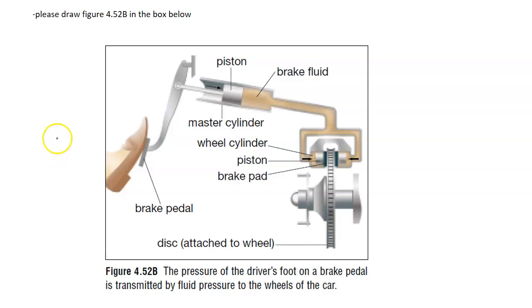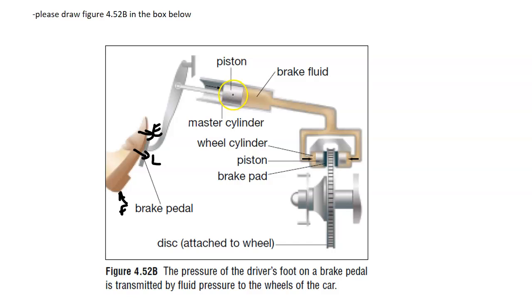So here, drawing this figure, again, class 2 lever. This is our fulcrum. This is where the load is, effort being applied here. And so you've got the load in the middle, class 2 lever.